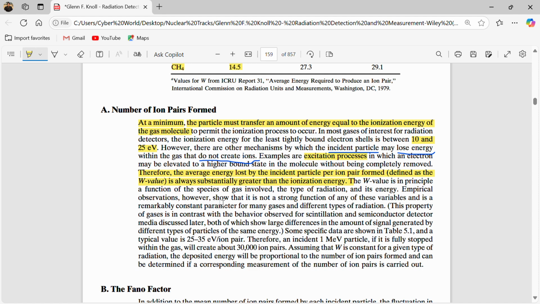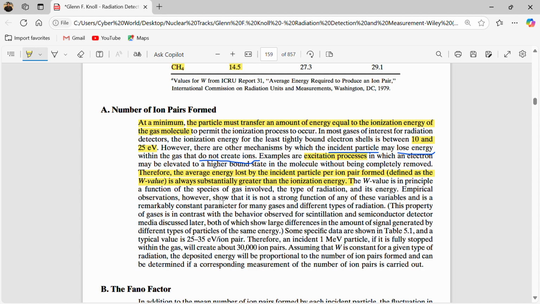Definitely energy has to be lost by the incident particles after the interaction in the gas, and ion pairs have to be formed, so the average energy must be greater than the ionization energy. Ionization energy means the incoming particle's ionization energy. So this is the so-called W value.